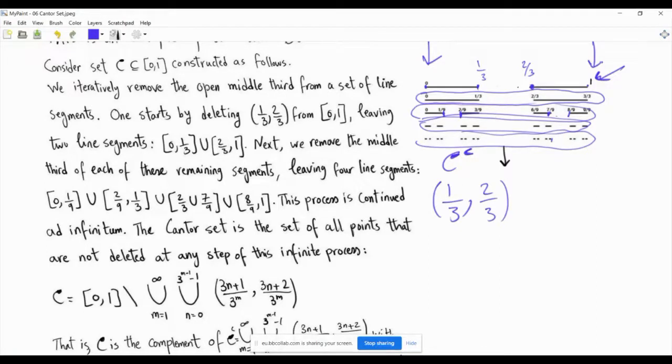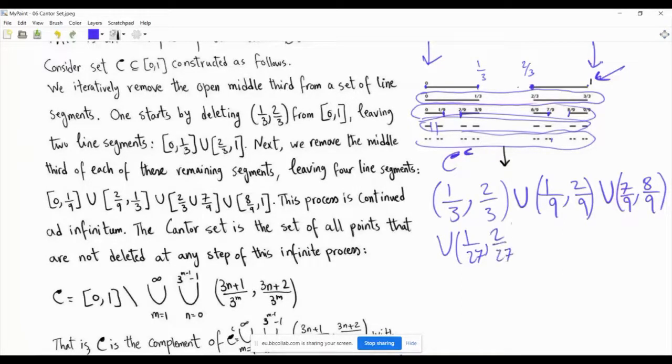Then, in the second step, we remove the open interval 1/9 to 2/9, and also 7/9 to 8/9. Then, in the third step, we remove those here. I think this would be like 1/27, 2/27, and then you go on.